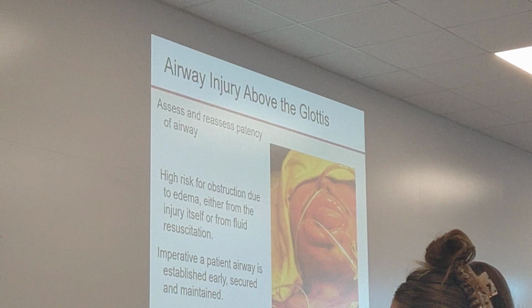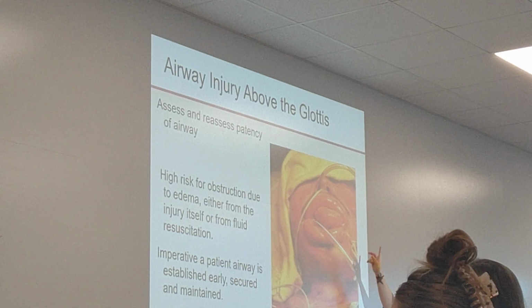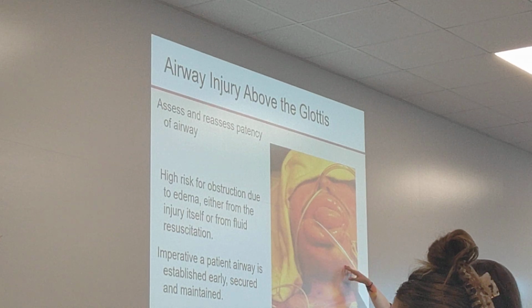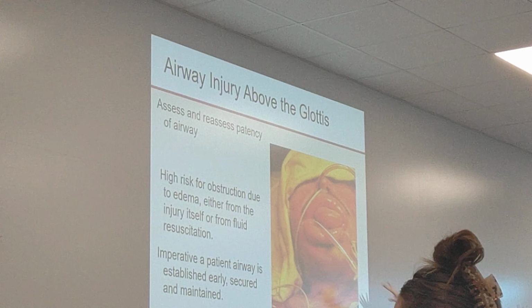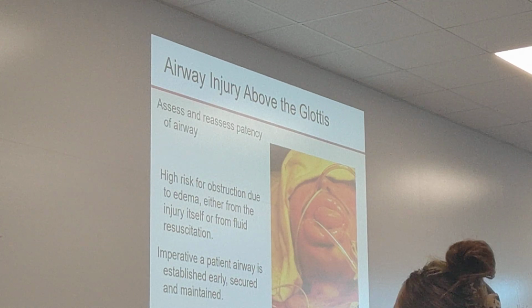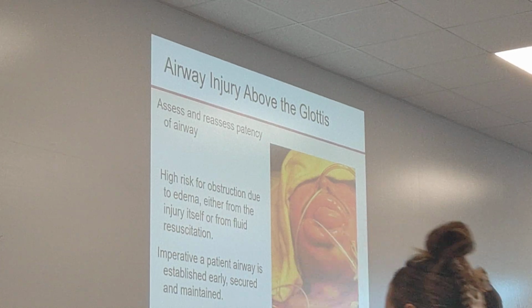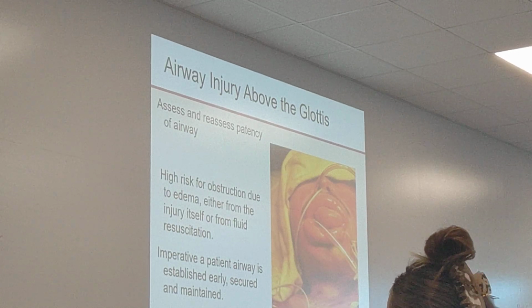Obviously, they have one through the mouth. That's an NG tube. I'm not really sure. But they're all swollen. You see their lips have edema, their tongue is swollen. I'm surprised they even got a tube in there.